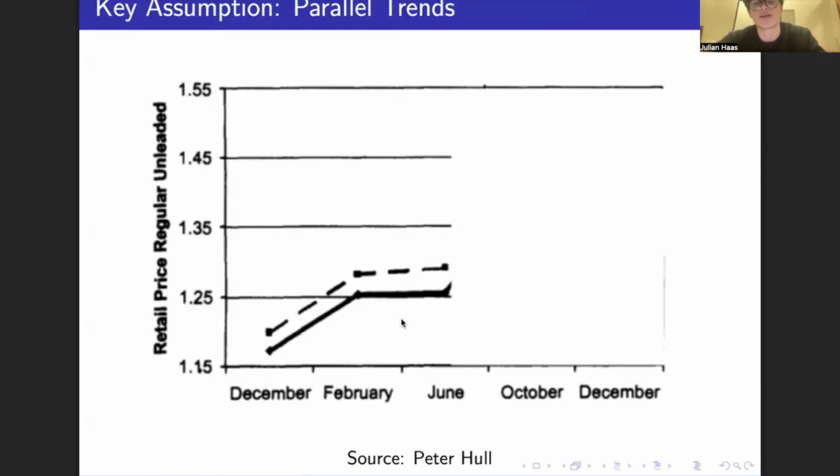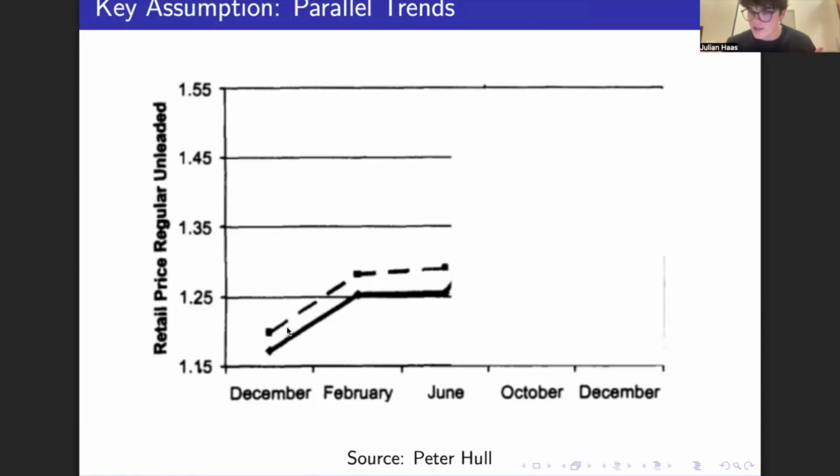So maybe it makes sense that after companies merge, there are fewer companies, less competition, and they can increase prices. Kind of follows. This straight line is the treated group, and this dashed line is the control group.